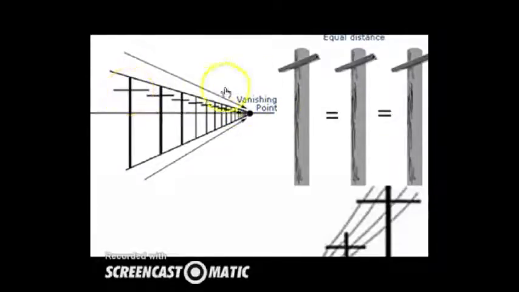As you can see, all these telephone poles are the same height, but due to perspective, the one closest appears taller than the rest. You go down the line, the one furthest away seems very small, but of course, again, they're all the same height. The same concept with the sun. It appears to disappear.